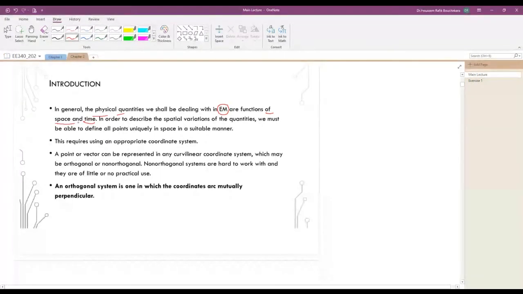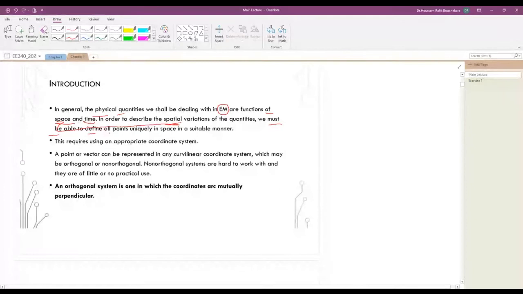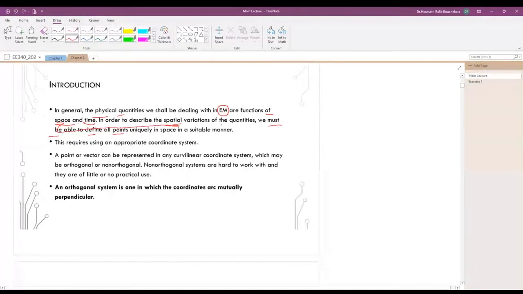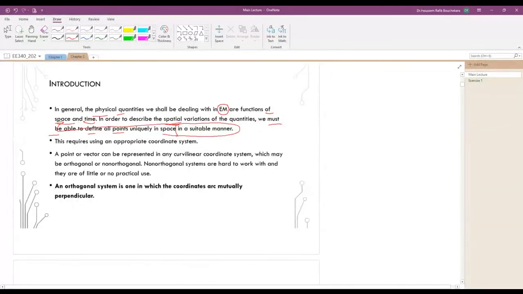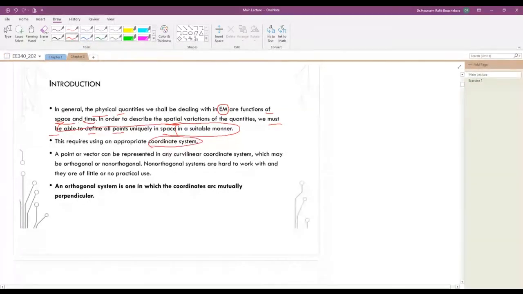Okay, so space and time. So in order to describe this spatial variations of the quantities, we must be able to define all points uniquely in a space in a suitable manner. So this requires using appropriate coordinate system.